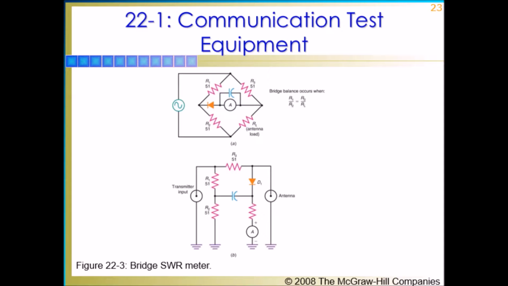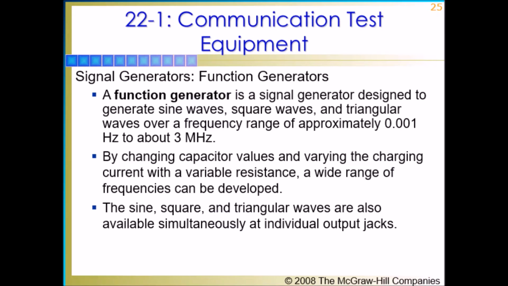If the radiation resistance of the antenna is 50 ohms, the bridge will be balanced and the meter reading will be 0. The meter is calibrated to display an SWR of 1. If the antenna radiation resistance is not 50 ohms, the bridge will be unbalanced and the meter will display a reading that is proportional to the degree of unbalance. The meter is calibrated in SWR values.